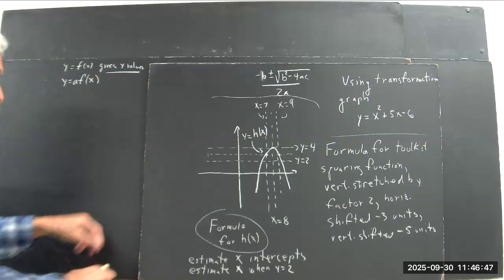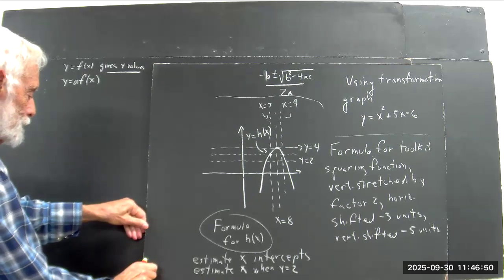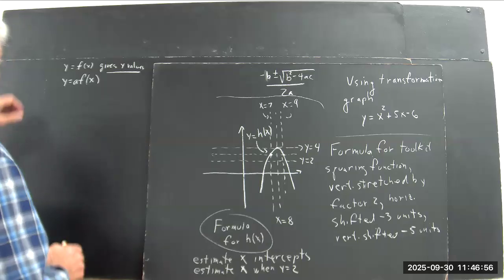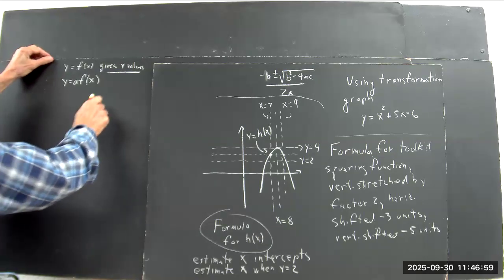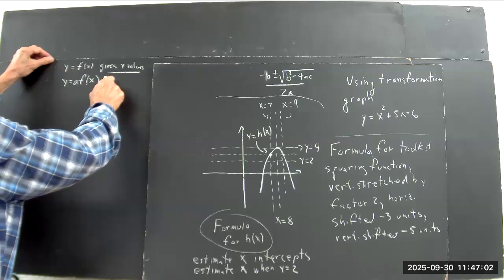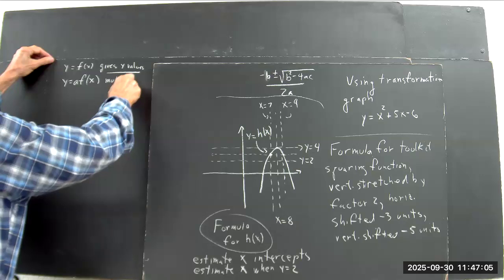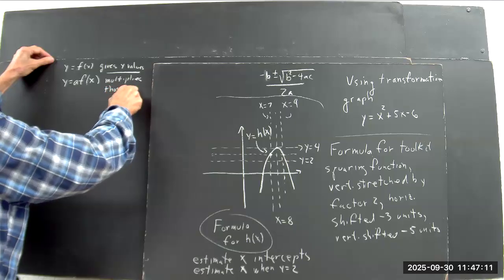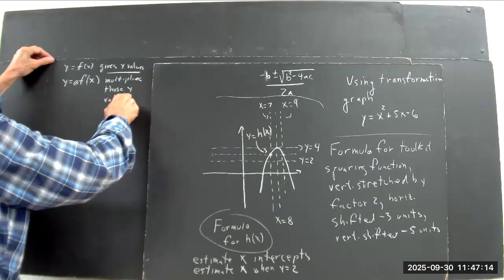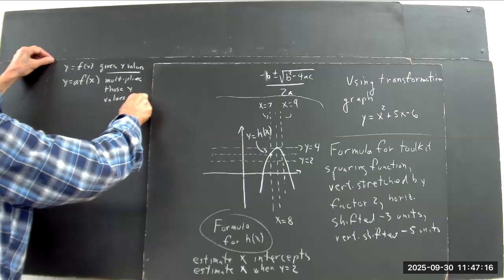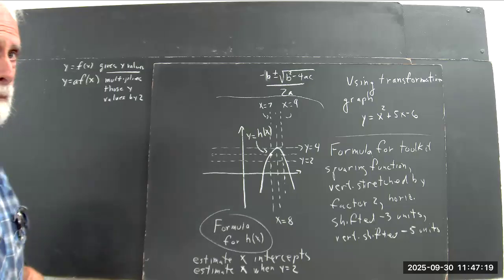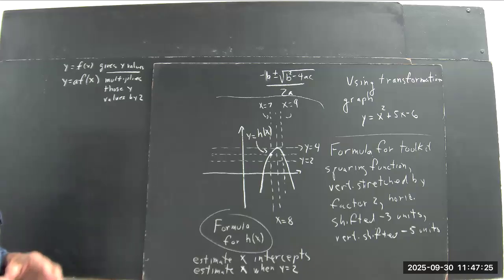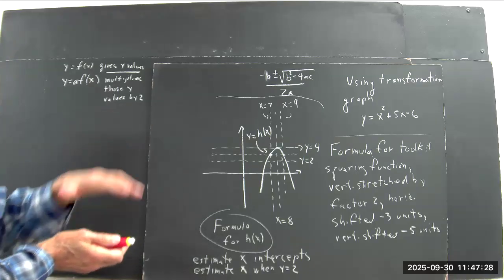It might be hard to read from back there. y equals a f of x multiplies those y values by 2. What happens if you multiply the y values by 2? You need to understand this. Every point gets twice as far from the x-axis.